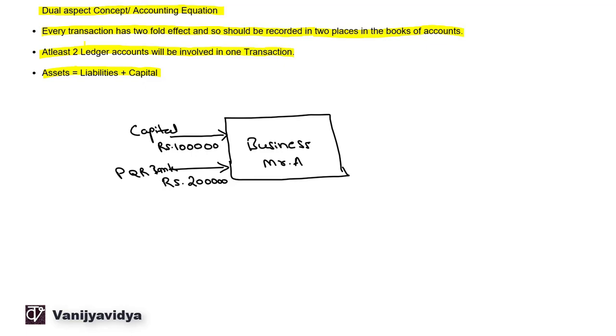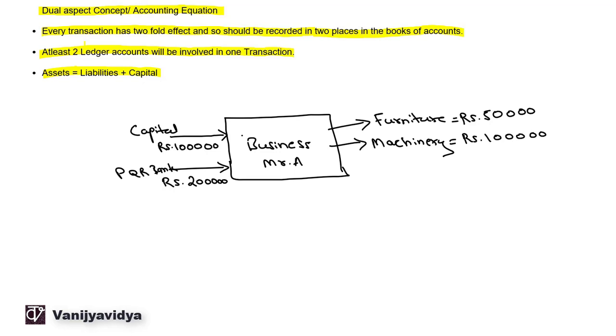Now, this 3 lakhs is utilized for the purpose of business. Say, Mr. A purchases some furniture for rupees 50,000. He purchases some machinery for rupees 1 lakh, and then the balance amount is kept in the bank.